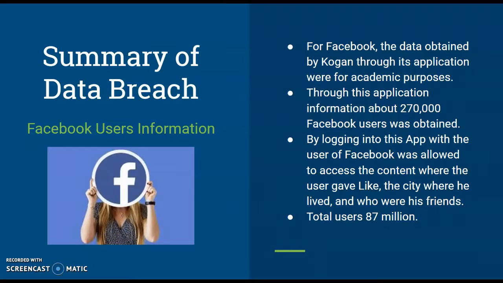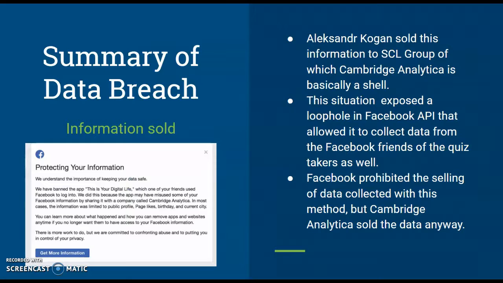By logging into this app, the user of Facebook allowed access to the content the user liked, the city where he lived, and who his friends were. In total, the users numbered 87 million.